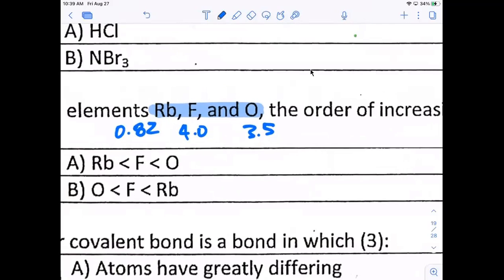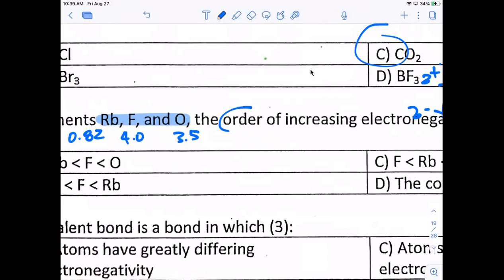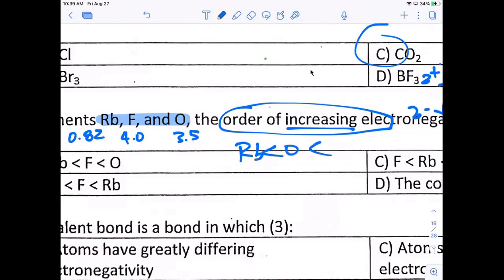All right, so if I ask you to list in order of increasing electronegativity, which one would be first? Rubidium. Rubidium will be first because we're going from least to most if it says increasing. So rubidium will be less than oxygen, will be less than fluorine.